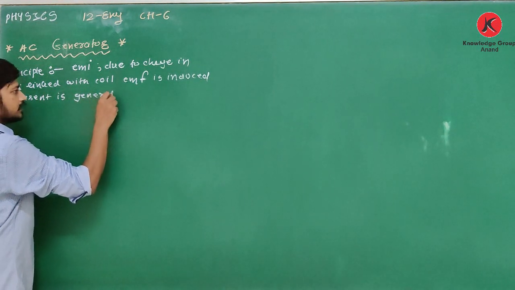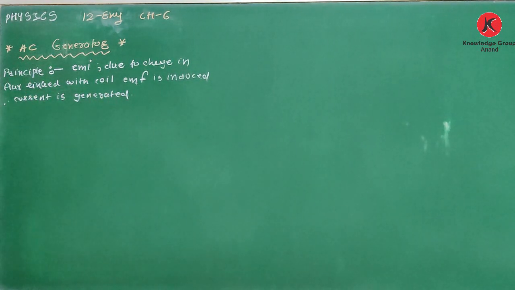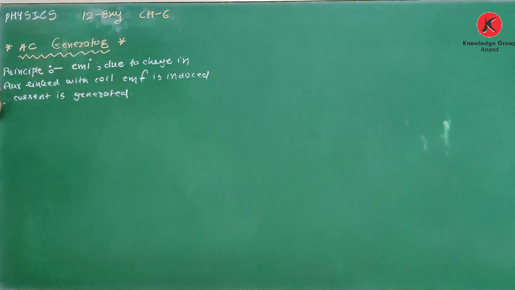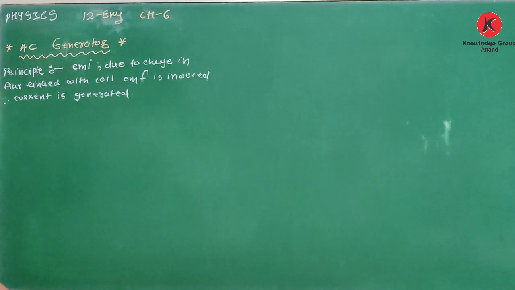Current is generated, and as current is generated, it is called generator. So the principle of AC generator is electromagnetic induction, that is, due to change in flux linked with coil, EMF is induced and current is generated.